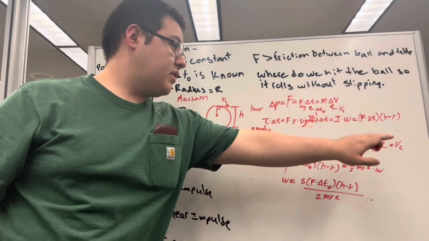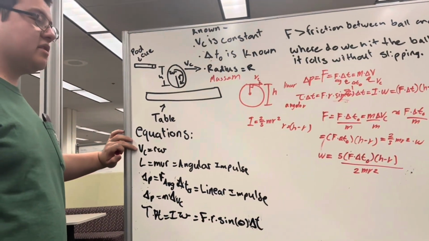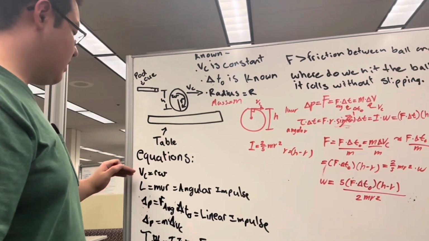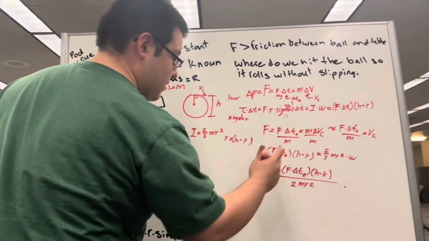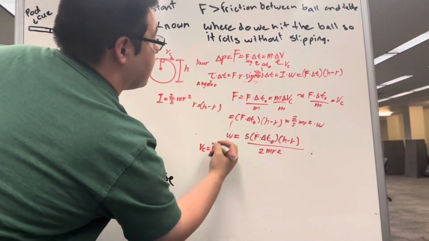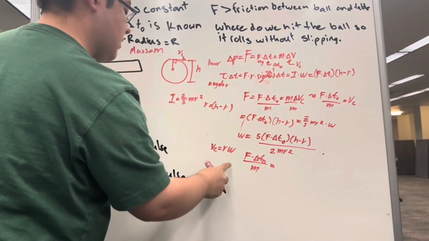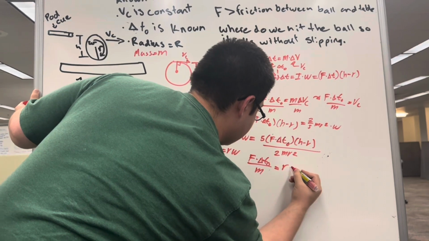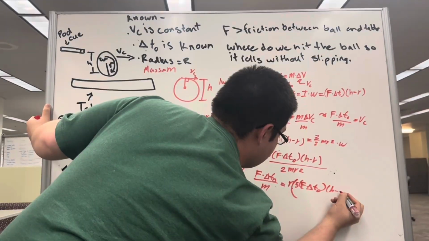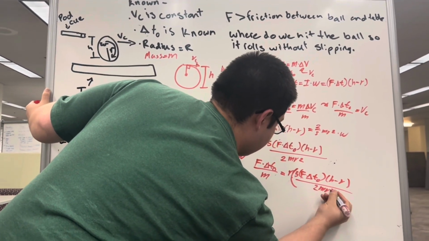We now have the centripetal velocity and omega. And so now we can plug them into this equation to find out exactly at what height would make this true. So you make both of these equal to each other, and going from what we got from here, you'll get R times 5, minus R over 2 m r squared.